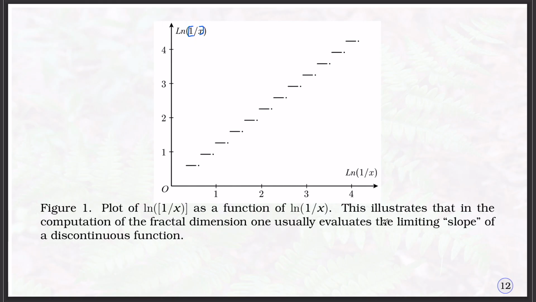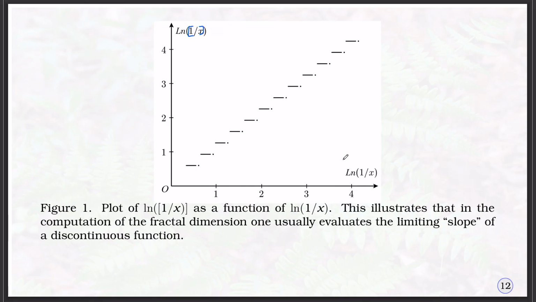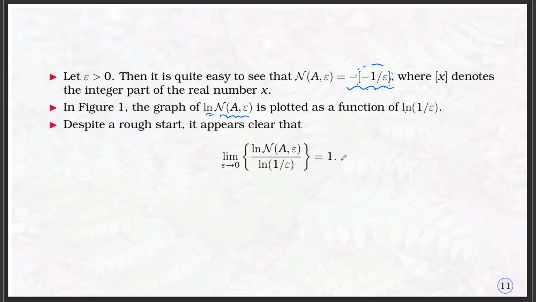Now, for computing the fractal dimension, one usually evaluates the limiting slope of the discontinuous function. You can see that despite a rough start, it appears clearly that the limit as epsilon tends to 0 of ln N(A, epsilon) over ln of 1 by epsilon equals 1. From this figure one can understand it is equal to 1.